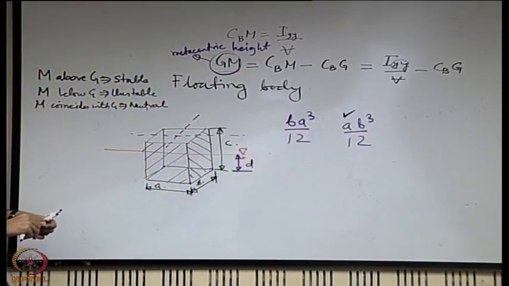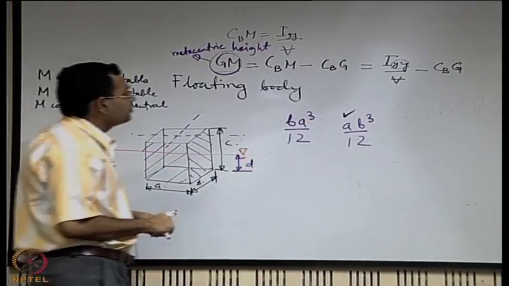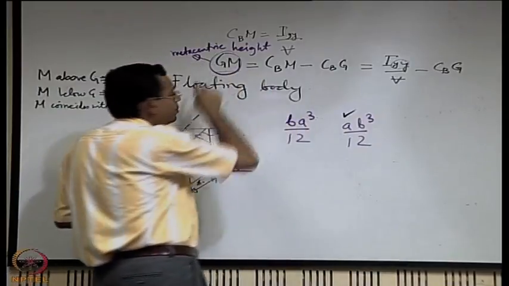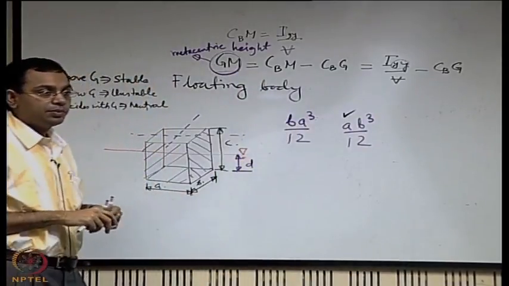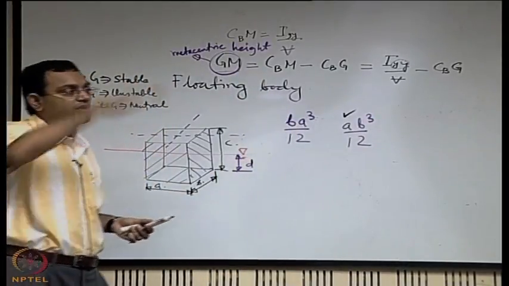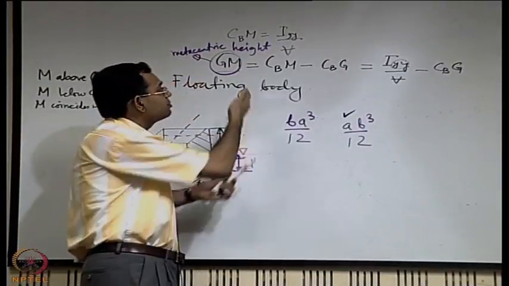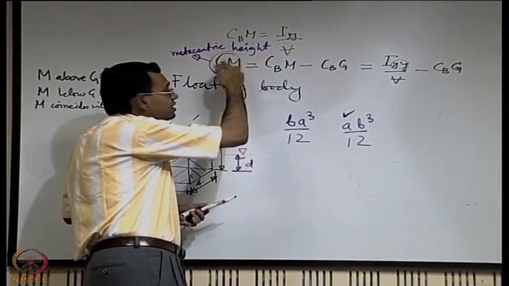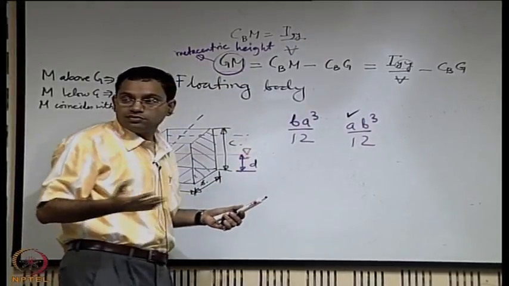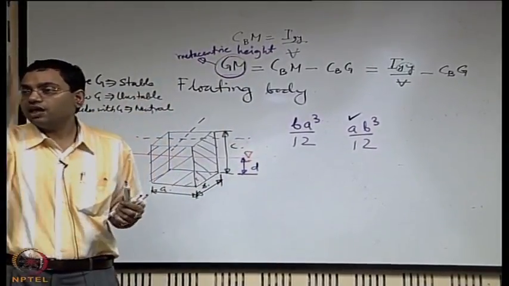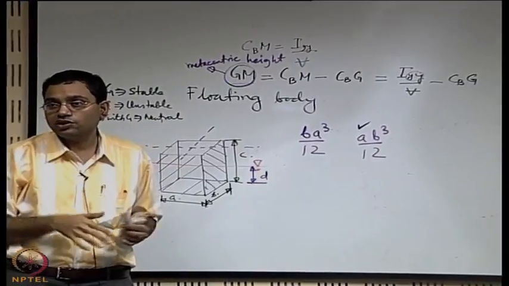So what we can clearly see is that if m is above g, that makes it stable. That means the lower the location of the center of gravity, the greater the chance that it would be stable, because then there is a greater chance that m is above g.